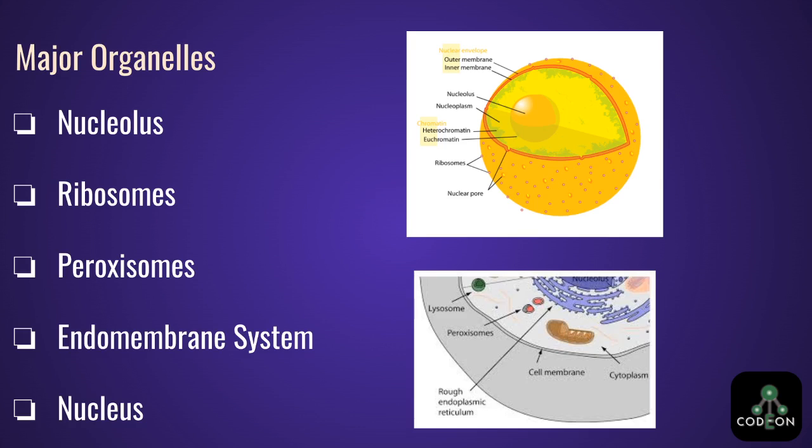And this is much like ribosomes, which are, as we know, these tiny little dot structures that make proteins. They're protein factories. And they can be bound on something called the endoplasmic reticulum, or they can be free ribosomes. Now, near the endoplasmic reticulum, there's also something called a peroxisome.